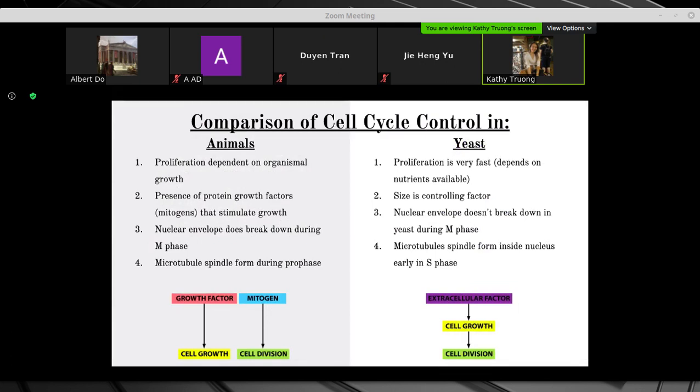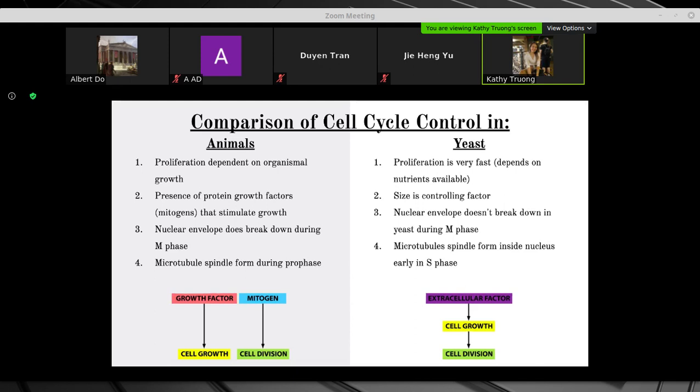So now, since we know about the cell cycle and how it's regulated by the cell cycle control, let's also talk about them in animals and yeast again. For animals, proliferation, how the cell grows, is ultimately dependent on cell signaling and how the organism itself grows. This process is very tightly controlled.